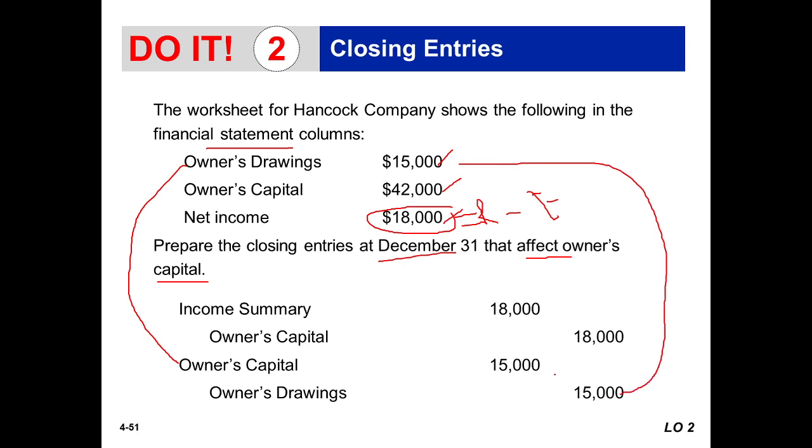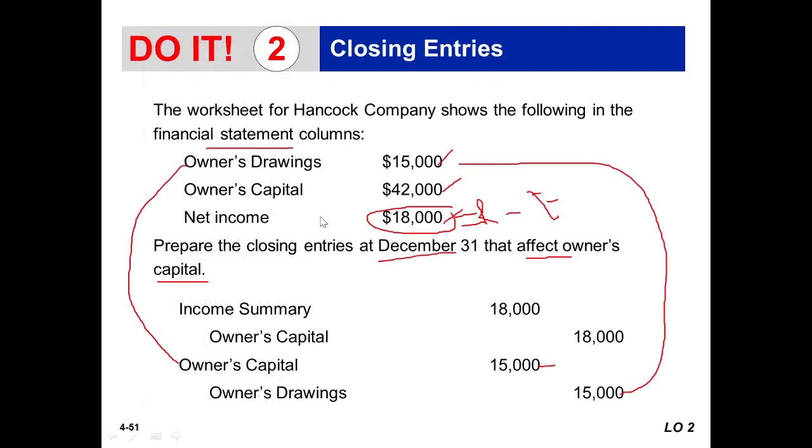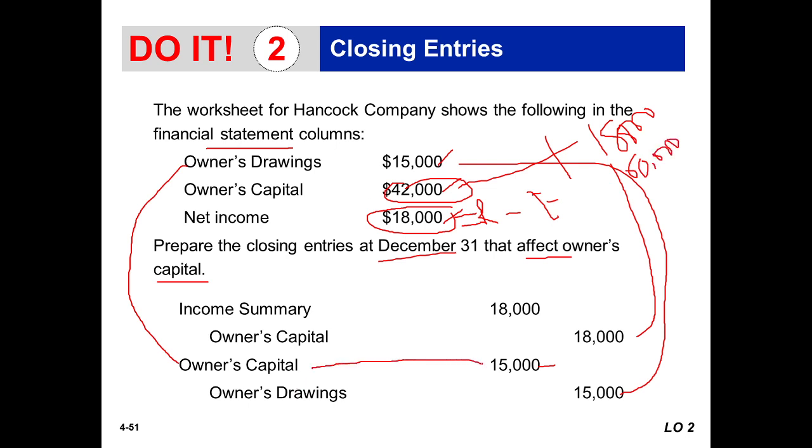Owner's drawing credit and owner's capital debit. Our owner's capital is 42,000 plus 18,000, so 42 and 18 make 60,000. Finally, owner's drawing, the capital debit, is 15,000.